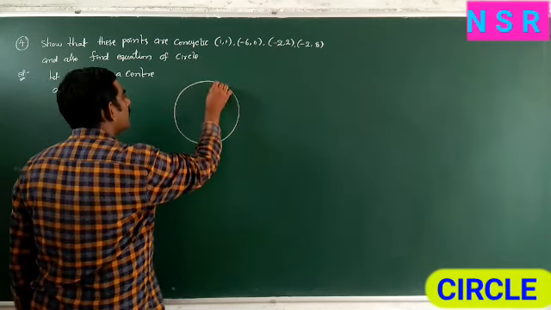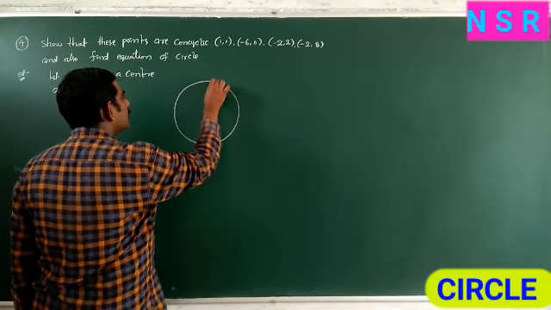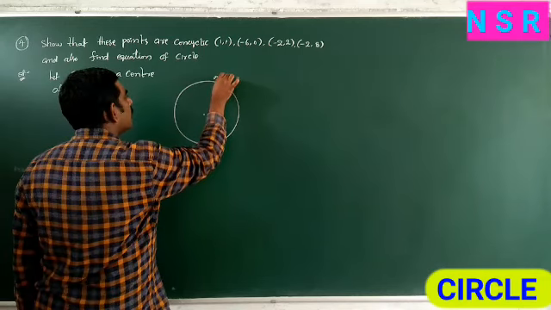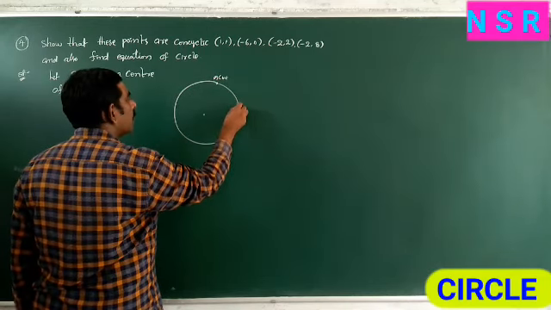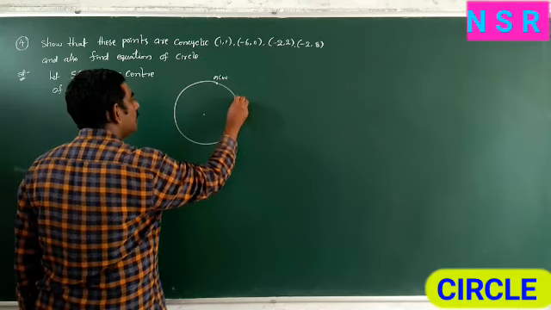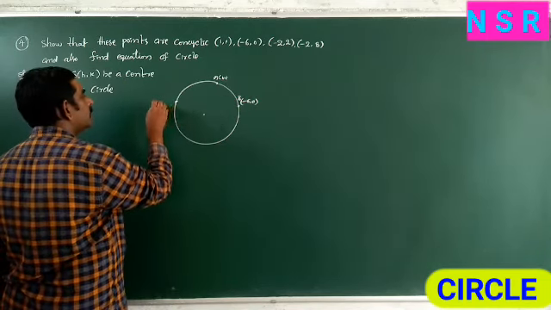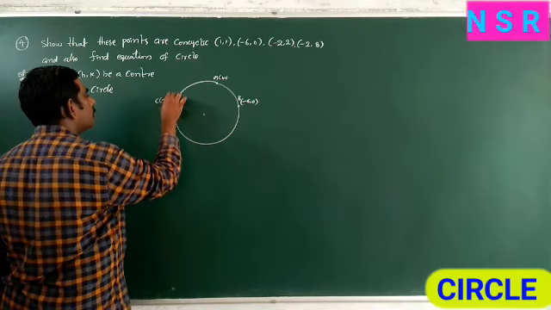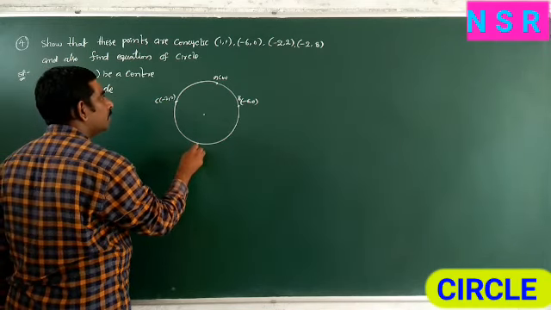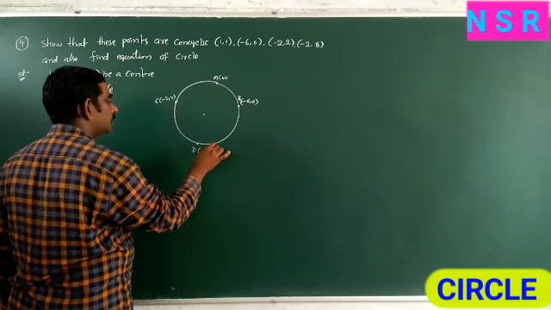So here, given 4 points, that is A(1, 1), B(-6, 0), C(-2, 2) and D(-2, 8).